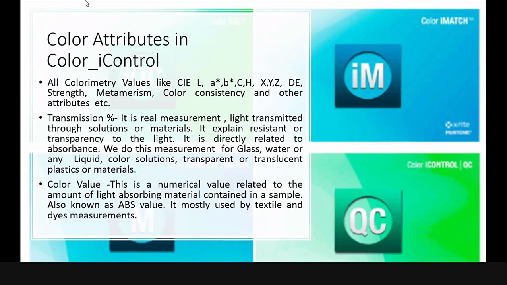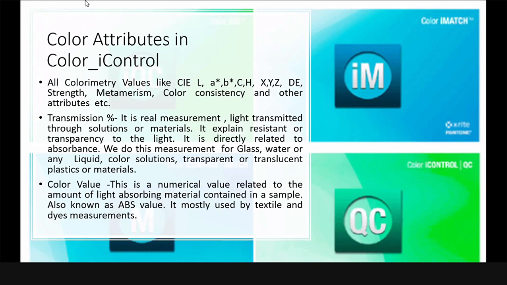There is a directly available checksum as well as the capital Y value, which also refers to total transmittance. It is used in all industries, like glass or water or maybe color solution, or transparent and translucent flat material.